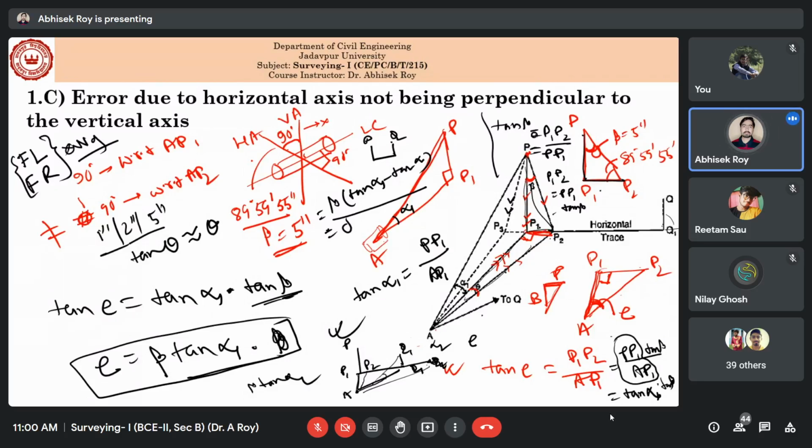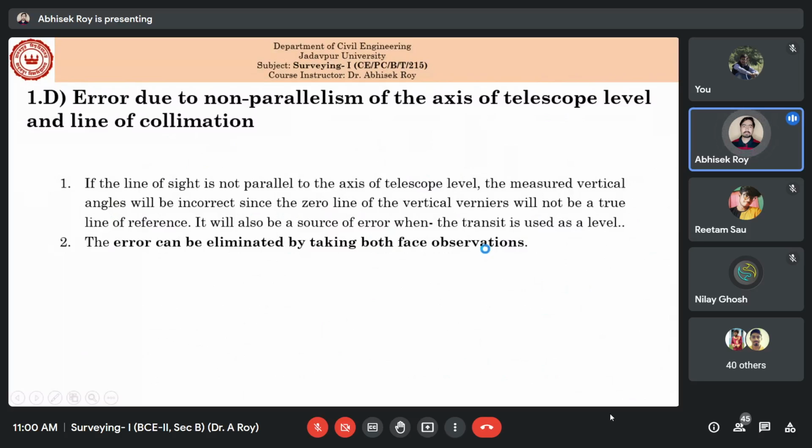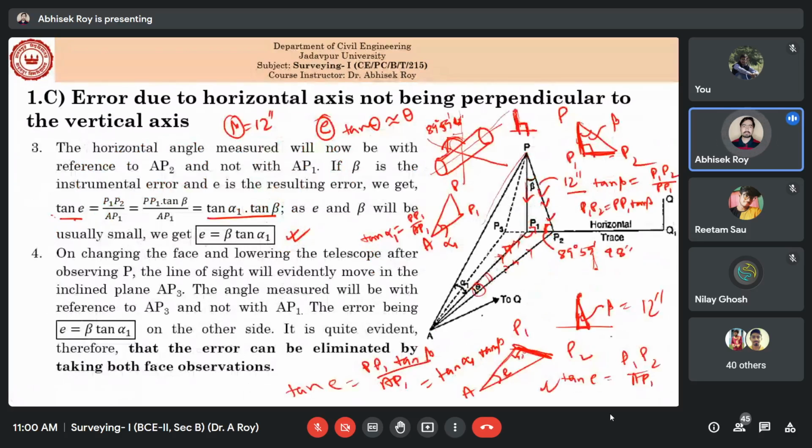At P1, P3 will be a similar amount of error, but on the other side. So if you take both sides' average, then obviously you'll get the measurement with respect to AP1. So the error can be eliminated by taking both face observations. Is that clear? Like the previous case. Is that clear?